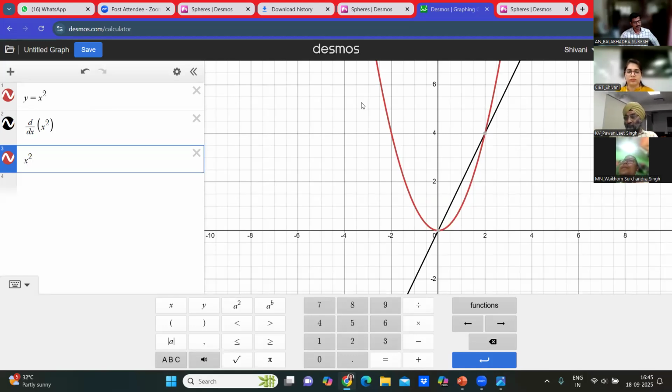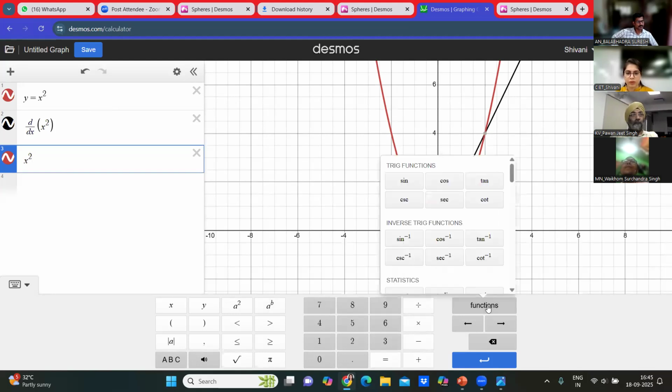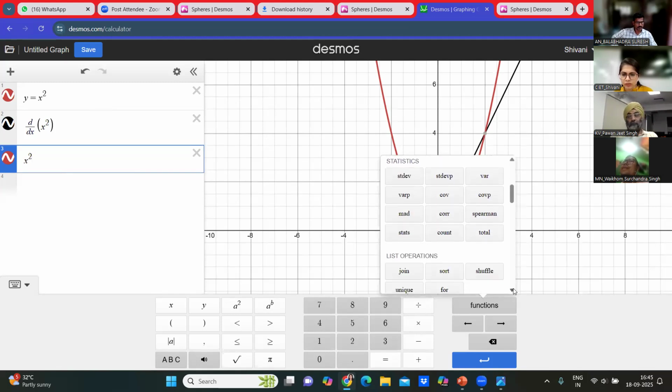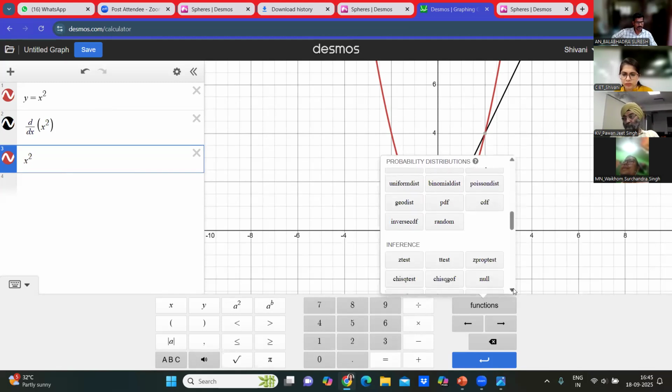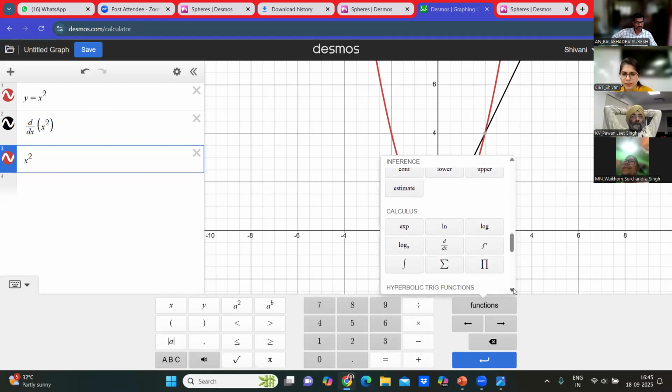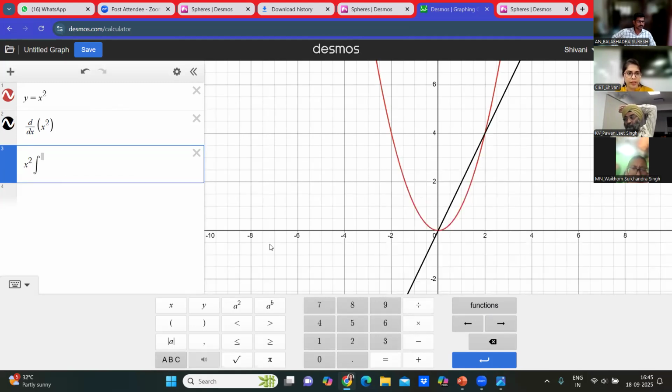Madam, where is the integration sign in this calculator? Yes, sir. There is an integration sign. Let me show you. This is the function tool. I have done some examples. This is the integration sign. You have to explore by yourself. There is one function tab. This is x square integration.